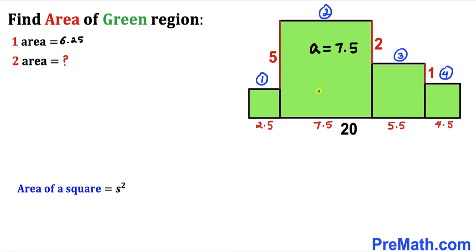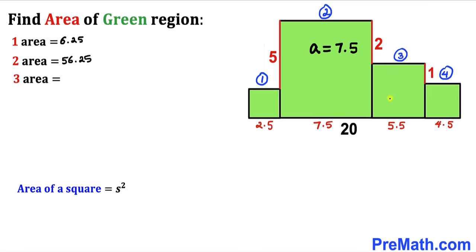And here's our next step. We are now going to calculate the area of this box 2, whose side length is 7.5. So therefore the area of this box 2 is going to be 7.5 squared, and that is going to be equal to 56.25.